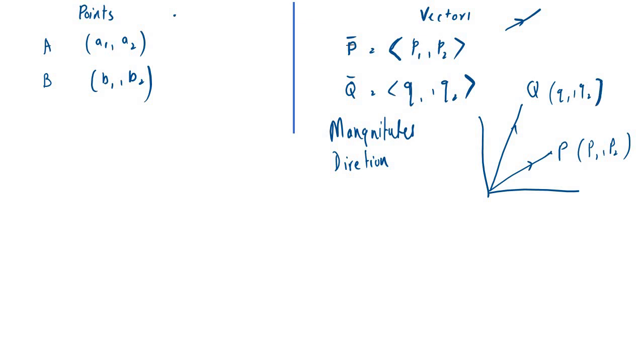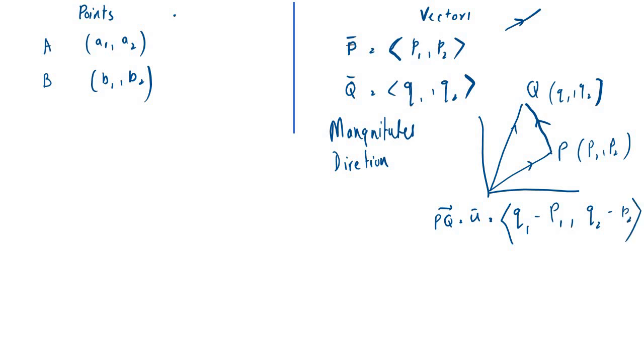So, if we have a vector U that connects P and Q, that goes from P to Q, vector U is given by Q1 minus P1 and Q2 minus P2.